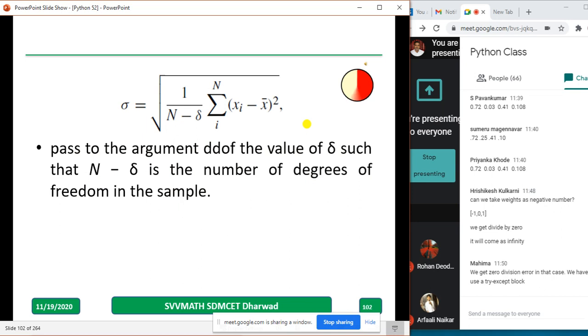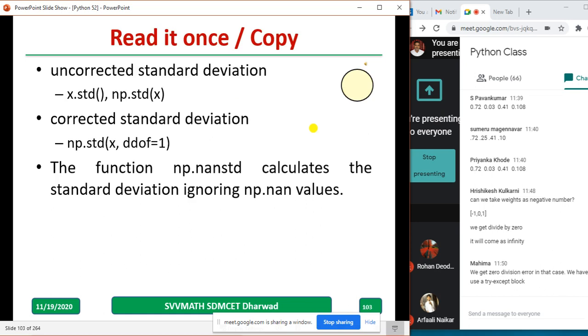Try to understand how to make use of a function. Read it once. Uncorrected standard deviation, x.std you can use, or np.std. Corrected standard deviation, you can write ddof equal to 1 as a parameter.